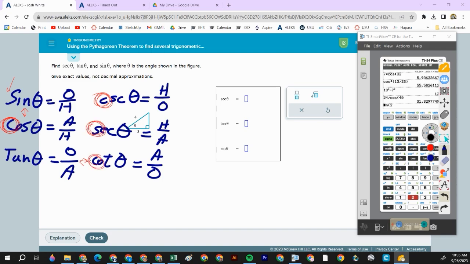This one has a co, and this one does not. And I don't have any fancy mnemonic for cosecant, secant, and cotangent. Okay, just remember that cosecant is the reciprocal of the sine, secant is the reciprocal of the cosine, and cotangent is the reciprocal of the tangent.